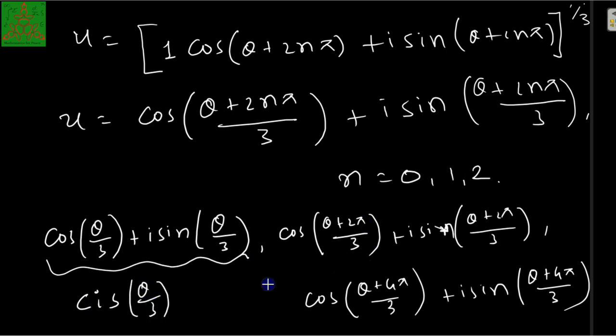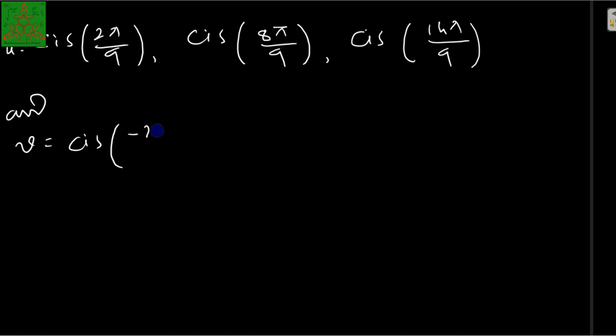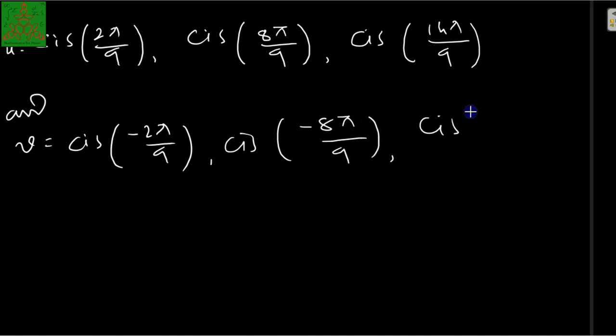In short, you can write cis pi by 9, cis 8 pi by 9, cis 14 pi by 9. These are the values of u, and the values of v are cis minus 2 pi by 9, cis minus 8 pi by 9 and cis minus 14 pi by 9.